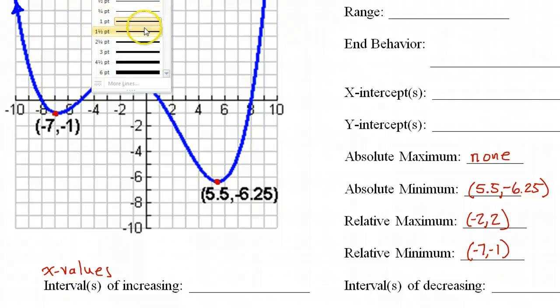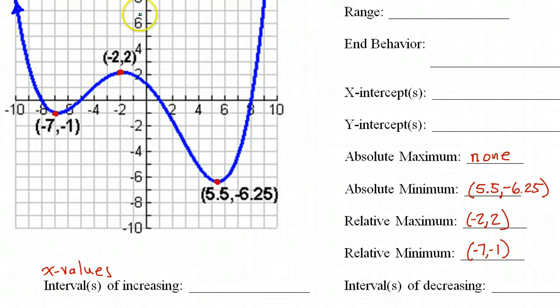Most of my students could easily tell me, as we are traveling from left to right, sometimes we're going downhill and sometimes we're going uphill. So as I move this way across the page, traveling on the curve, I start off here at -infinity. I'm calling this -infinity because I'm beginning here from the left.